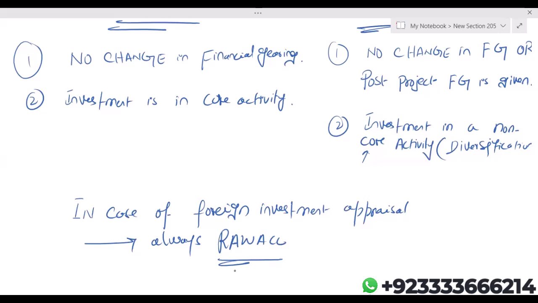You can write that surprisingly there's no information on risk adjusted WACC, even though it's an overseas investment appraisal. If the same scenario comes, you have to highlight it, and you will get 1 mark for professional skepticism, because the logical choice is risk adjusted WACC. Why have they given us the current cost of capital?